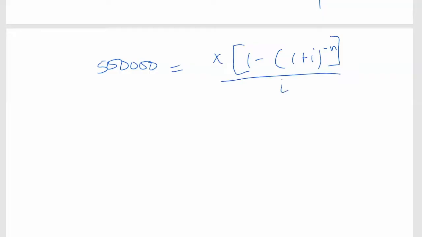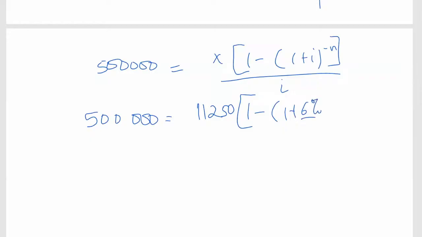So it's saying that I have 500,000 is equivalent to 11,250 times (1 minus (1 plus our interest, which was 6% quarterly)). This is going to be negative 4n, because we're looking for, what is the question asking for?